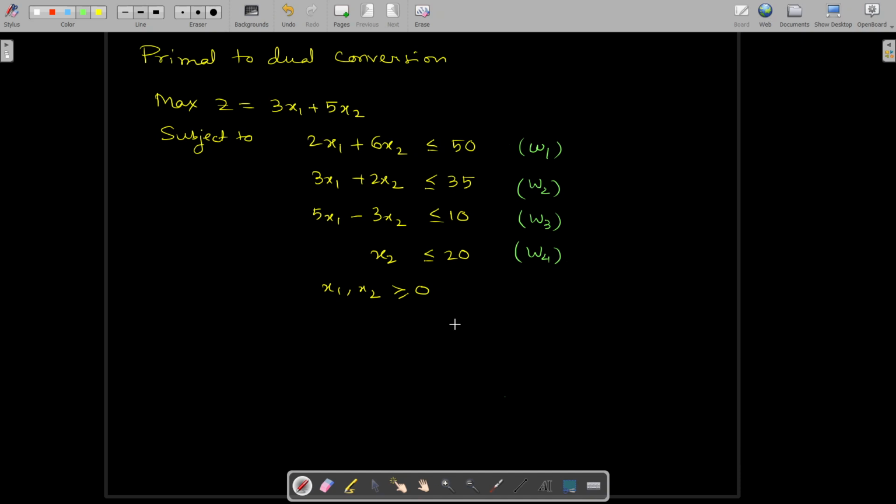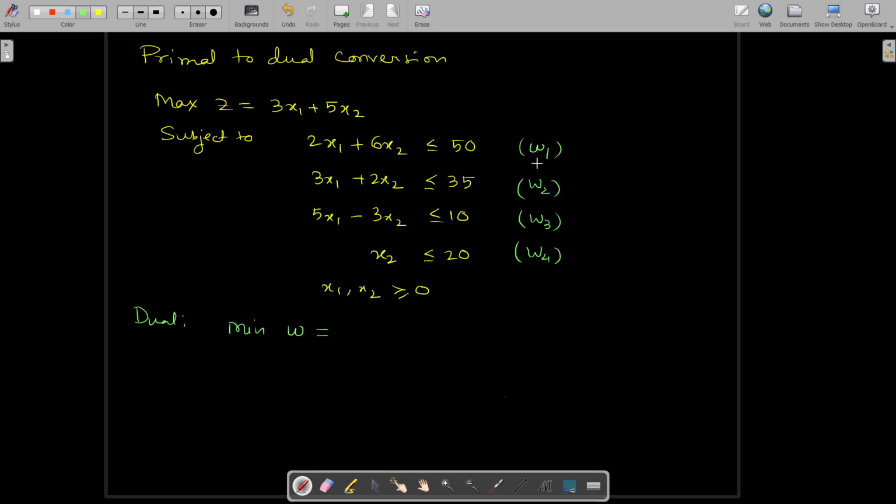So we are going to have a new dual problem, which will be of minimization type because the primal problem is of maximization type. So the dual problem is: minimize, let's say, w equal to, now what will be the objective function? The objective function will be obtained from the constant terms of the constraints.